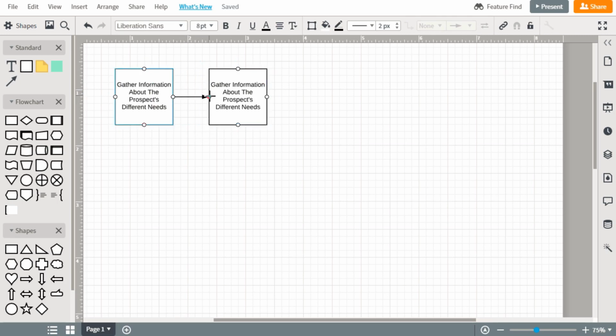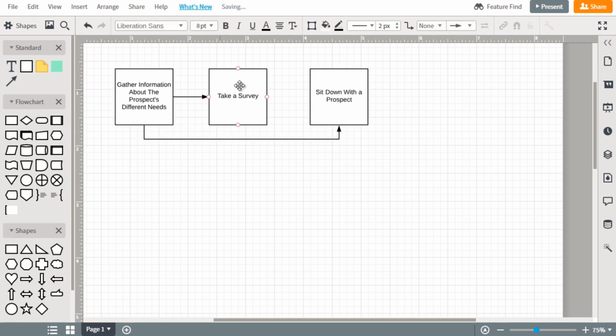We can either take a survey, or secondary, we can also sit down with a prospect and talk with them and get a better understanding of where they're coming from. So these are two different options. Option one, take a survey, and option two, sit down with a prospect.